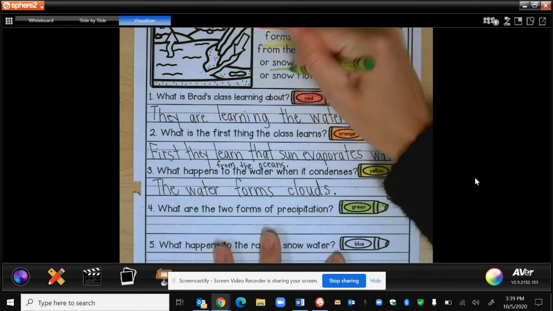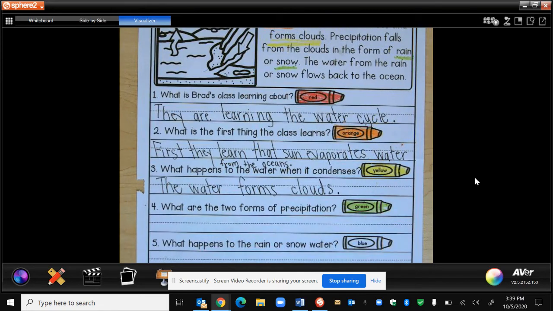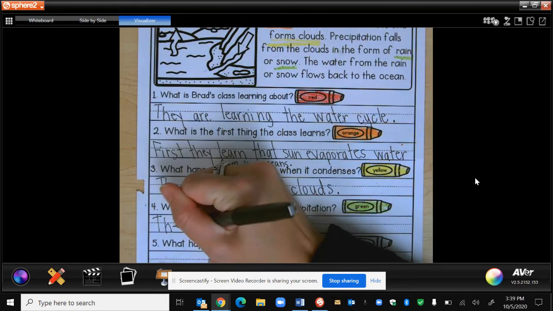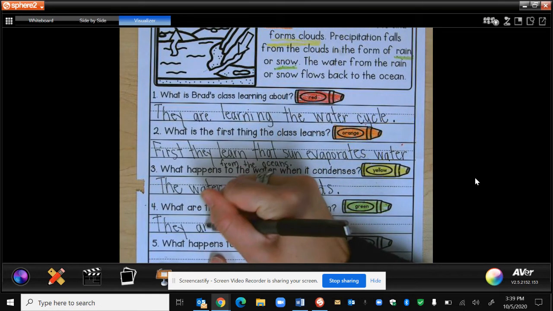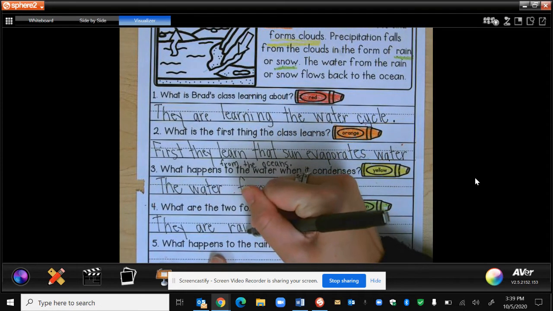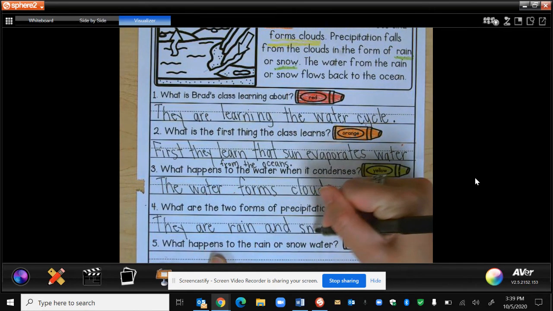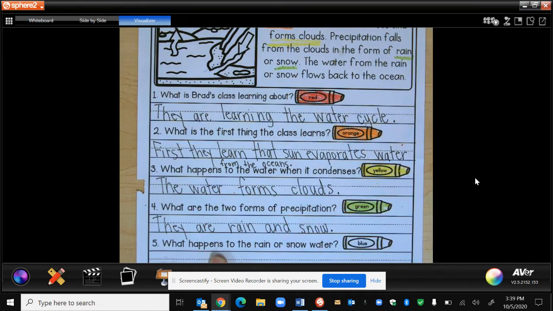Rain or snow. So, complete sentence. They are rain and snow. Period. Okay.